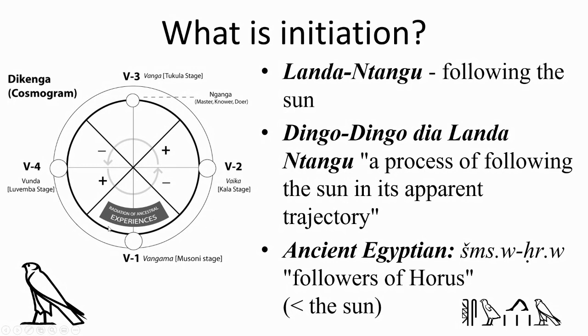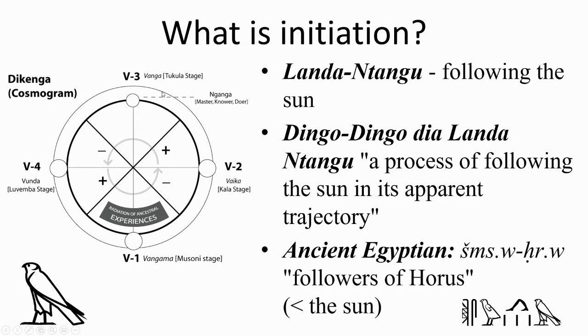So this is the path here, and we start here at V1, which is called the Musoni stage. This is the conceptualization stage. Then you have V2, the Kala stage. Kala means to be, to exist. This is the human being being born, and then traveling along the path of the sun.